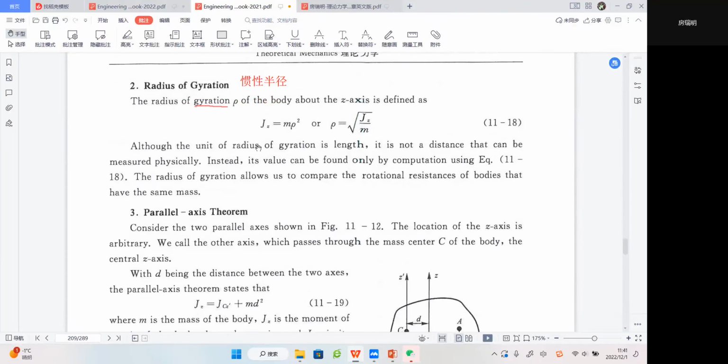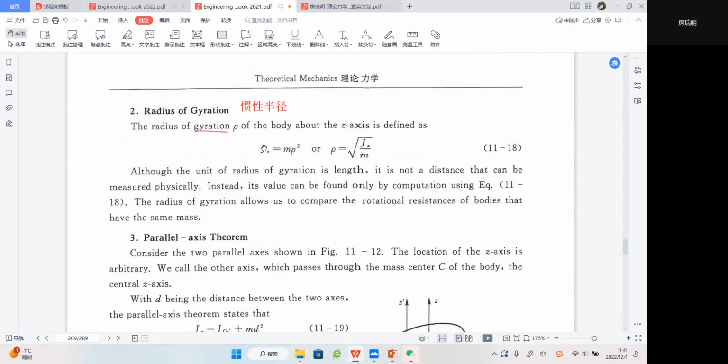Although the unit of radius of gyration is length, it is not a distance that can be measured physically. Instead, its value can be found only by computation using equation 11-18. So if we know Gz first, and we know the mass of the body, we can just use this expression to find rho.